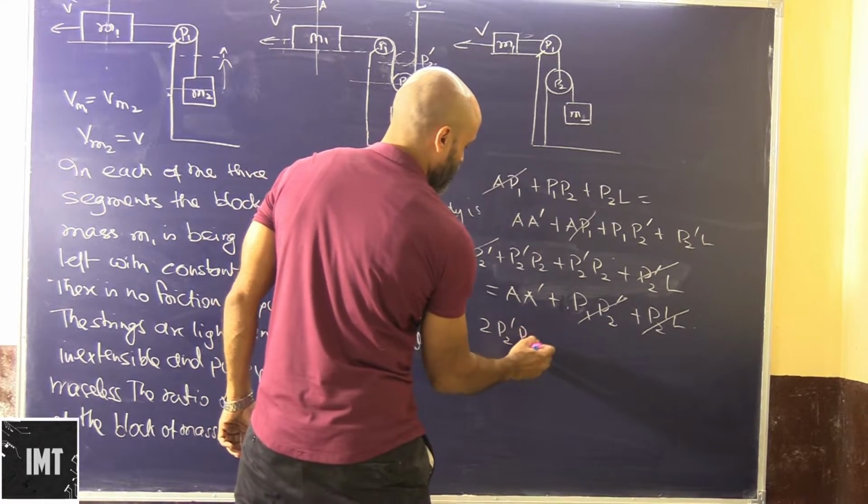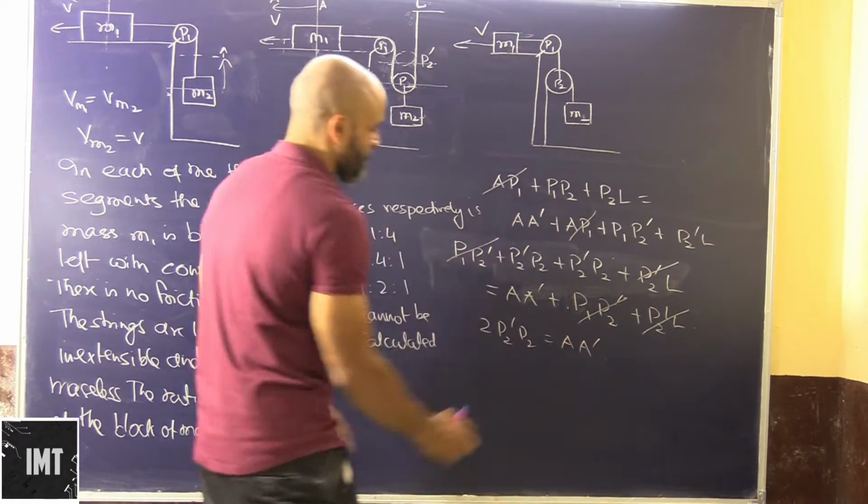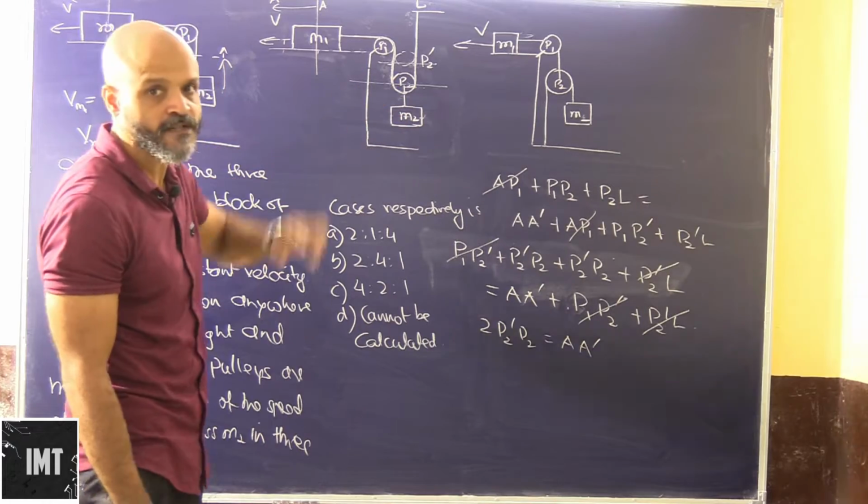So 2 P2 dash P2 is equal to AA dash. P2 dash P2 is the displacement of m2.